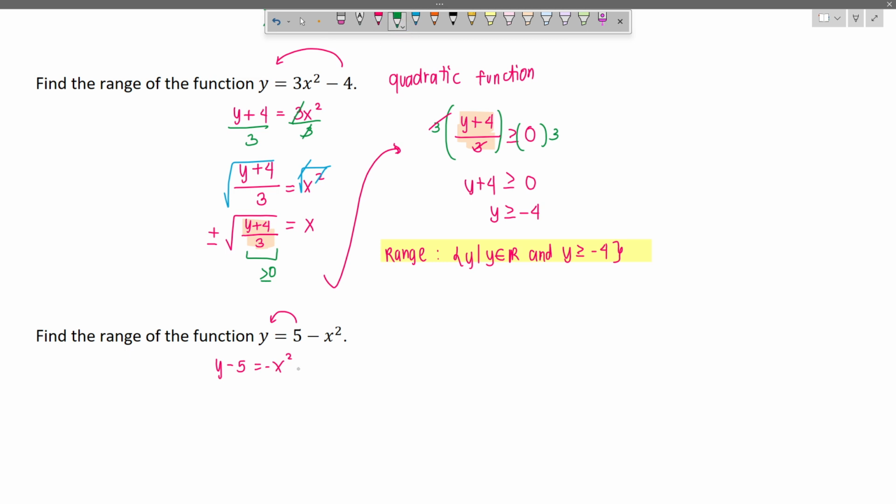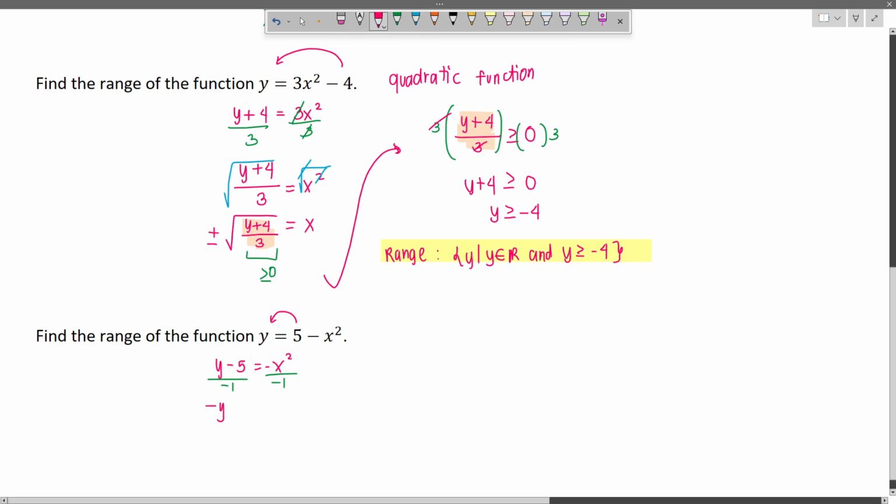Remove everything that's multiplied to x, so we divide both sides by negative 1. So y divided by negative 1 is negative y. Negative 5 divided by negative 1 is positive 5.